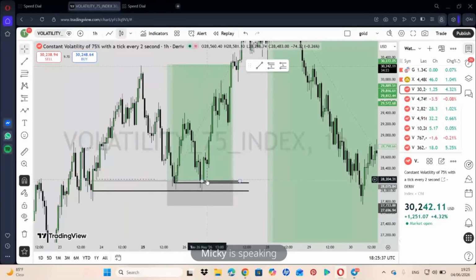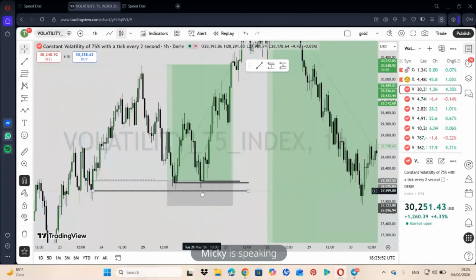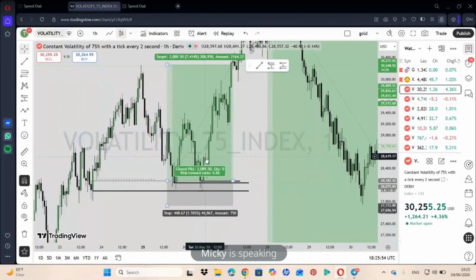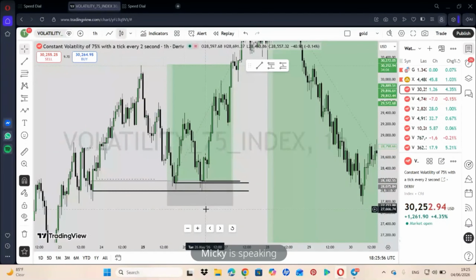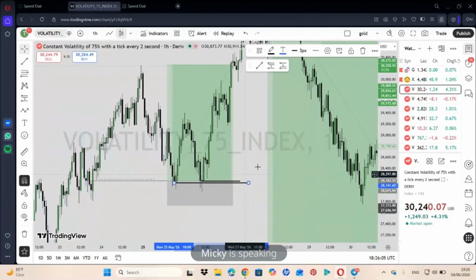This is why you people need mentorship. All those small details, you need to pay attention to them. Because if price broke below this low and then still gave a confirmation, price might still come back and take you out. So you can see price did not take out any of these lows.